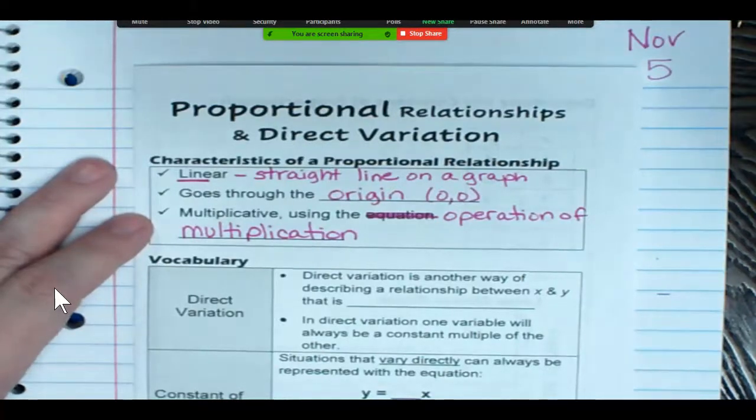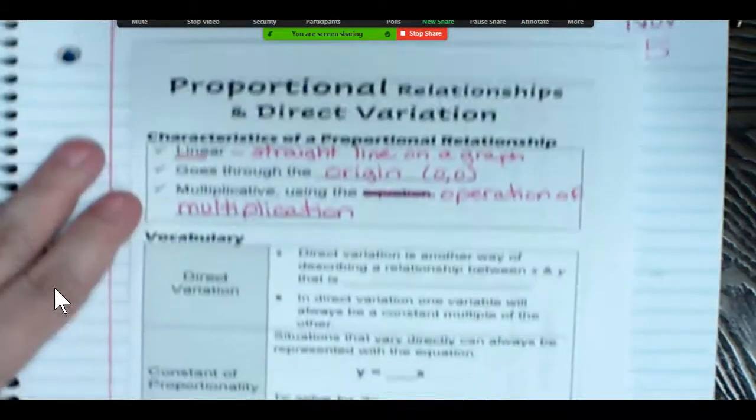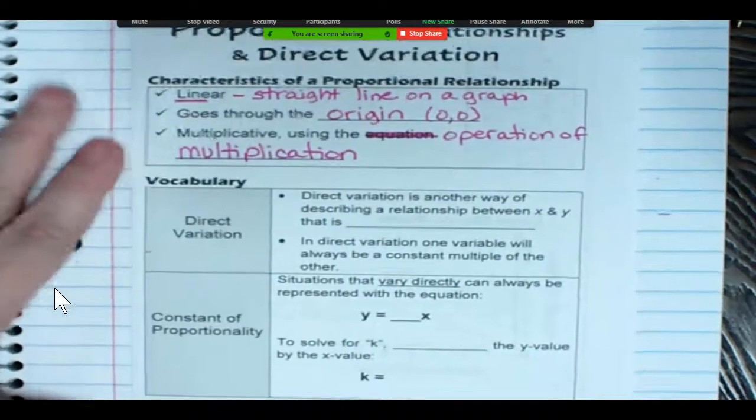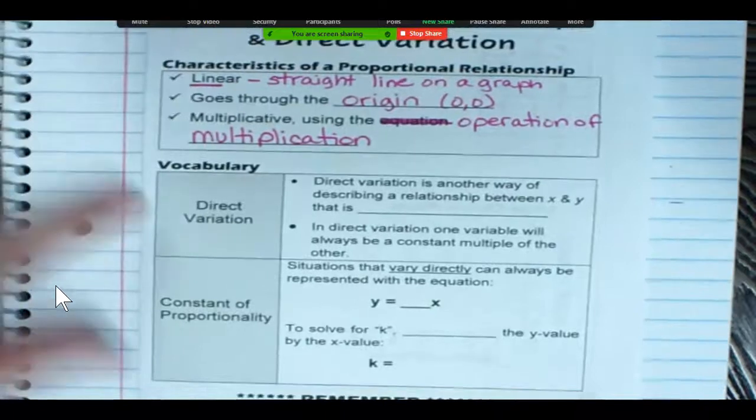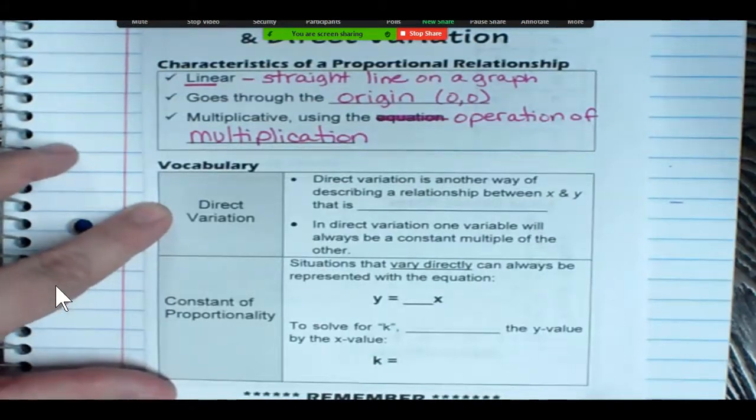But I told you this year we're going to get a little bit more detailed in how we look at proportional relationships. So one of the newer vocabulary words this year is going to be direct variation. And it's just a fancy way to say that something is proportional.